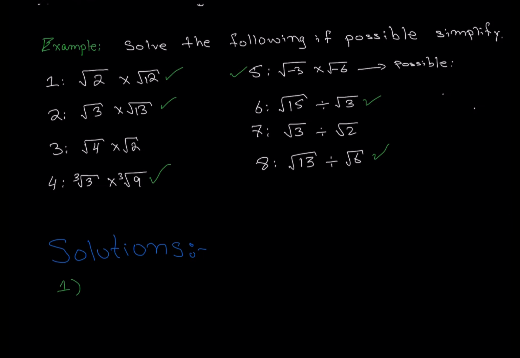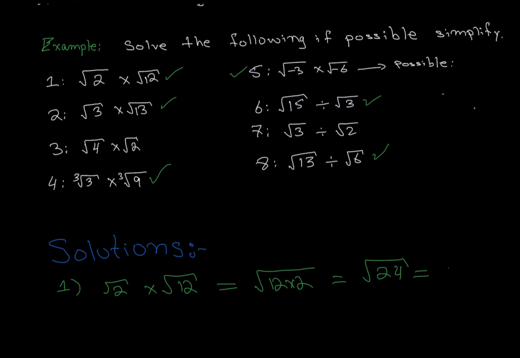It says square root of 2 times square root of 12. We can use the same property, the one that we said. Since they share the same index number, we can put them under one square root. 12 times 2, or 2 times 12, will be 24. Square root of 24. We can further simplify because it says, if possible, simplify it.